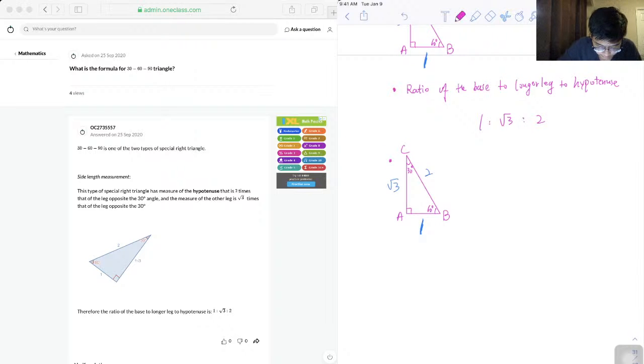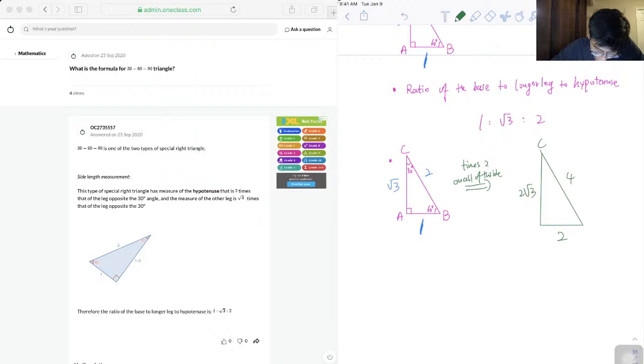So like I say, I want to times 2 for all of the sides. So the hypotenuse will be 2 times 2, which means 4. And AB, instead of being 1, will times 2 and become 2. And the new AC will become 2 root 3.